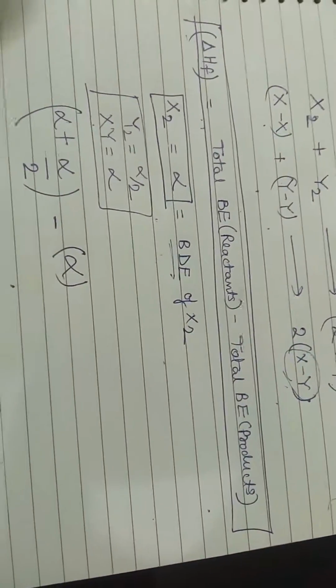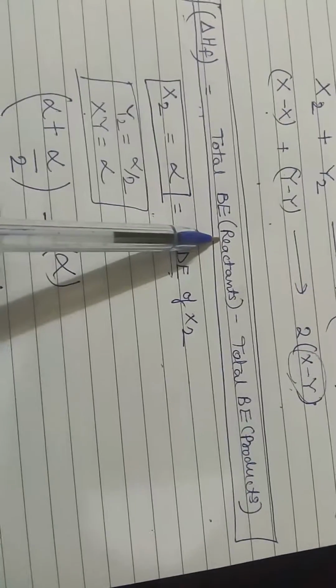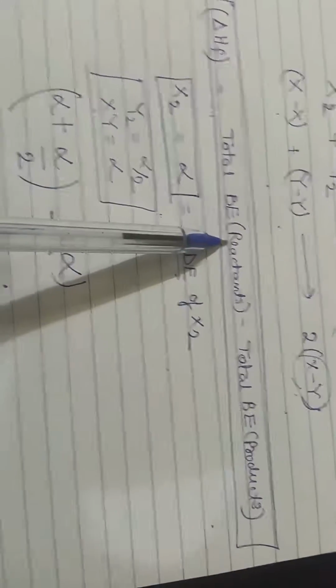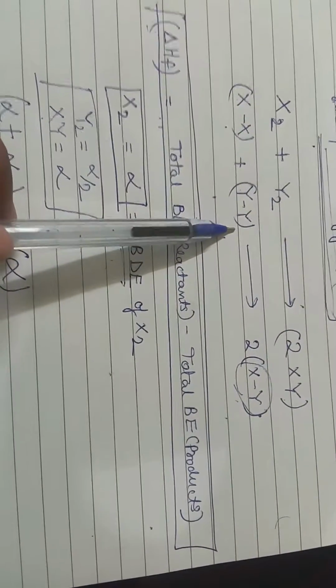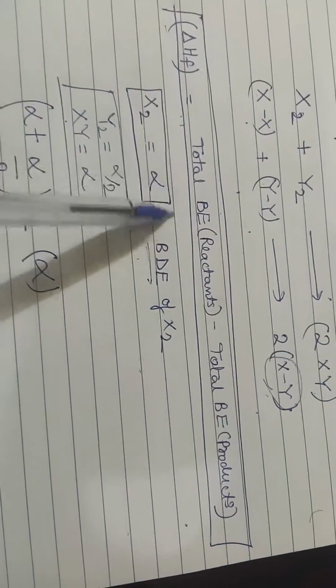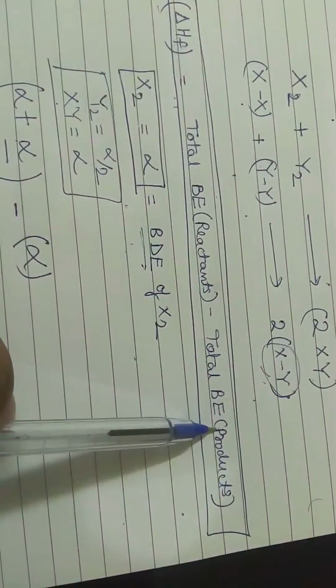Simple mathematics. So substituting these values of bond energies in this particular equation, the total bond energy of reactants will be the bond energy of X2 plus the bond energy of Y2. So this will become alpha plus alpha by 2 minus the total bond energy of products.